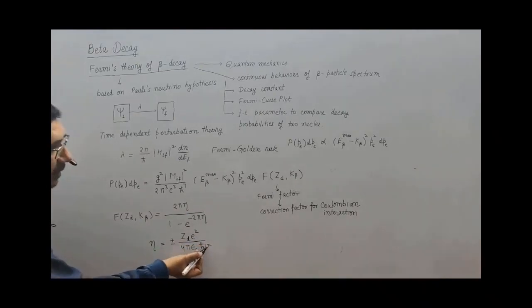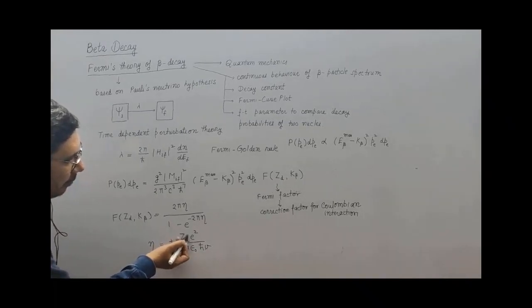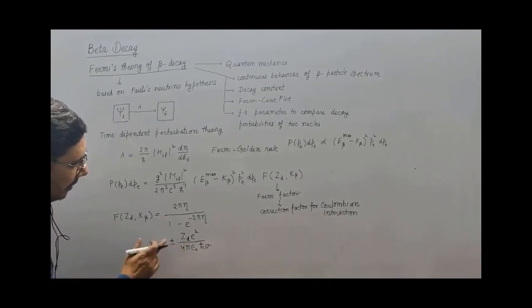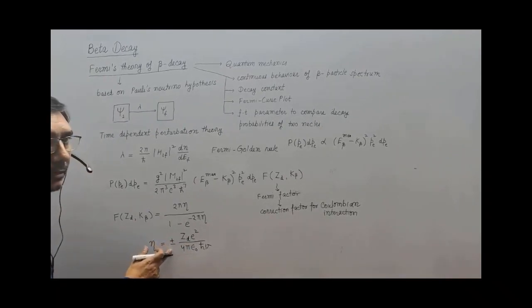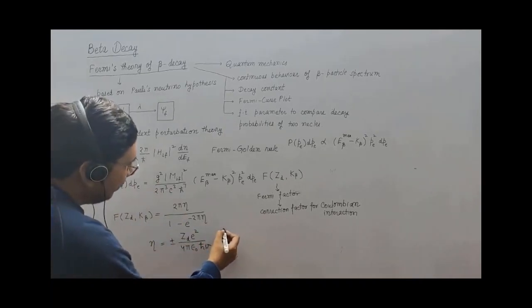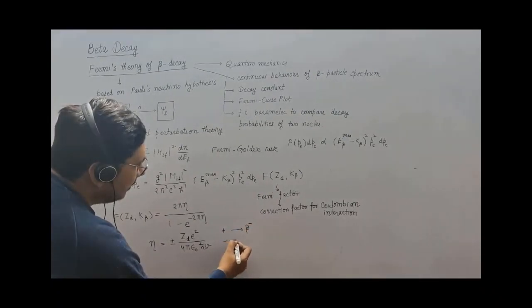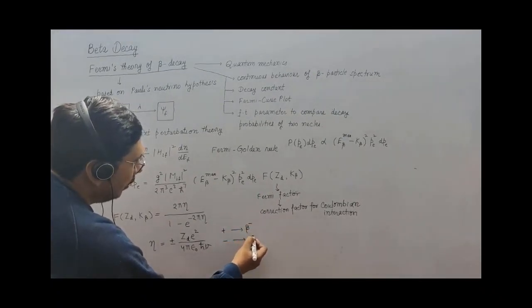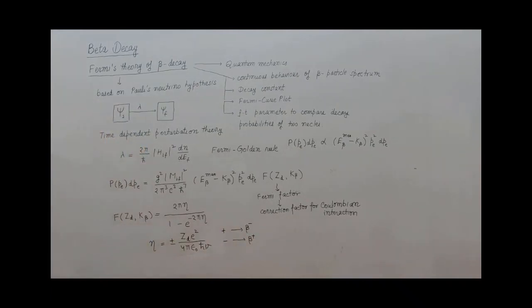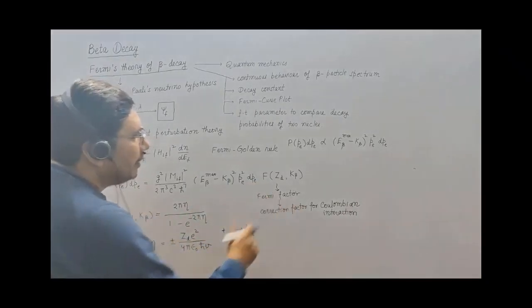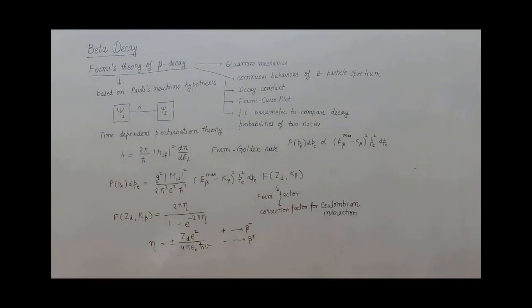Here v is the velocity of the beta particle, beta plus or beta minus, and Z_D is the charge number of the daughter nucleus. The plus and minus sign is important: the plus sign is for beta minus emission, and the negative sign is for beta plus emission. So this factor will be different for beta plus and beta minus emission, and it is included to compensate for the Coulomb interaction between the beta particle and the daughter nucleus.